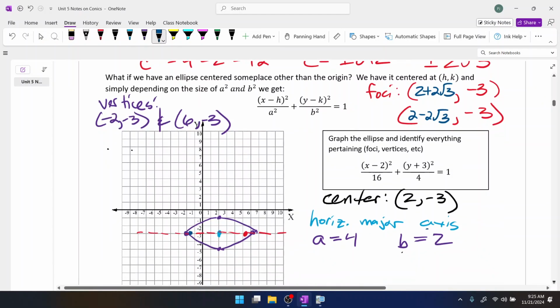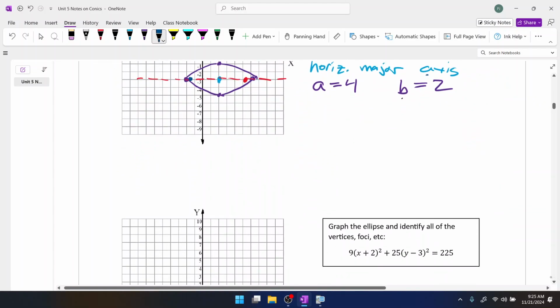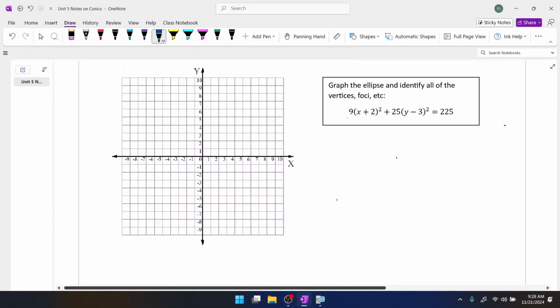All right, now, for this next one, you have to divide out both sides by something. So what we do here is divide everything out by 225, and we get basically x plus 2 quantity squared divided by 25 plus y minus 3 squared, and that's divided by 9 equals 1.